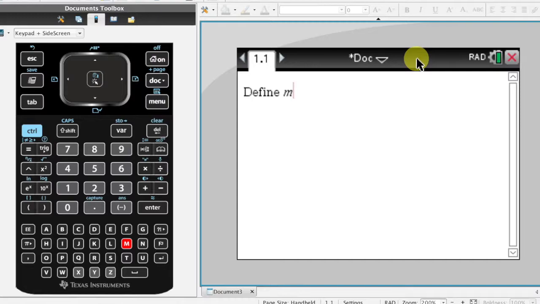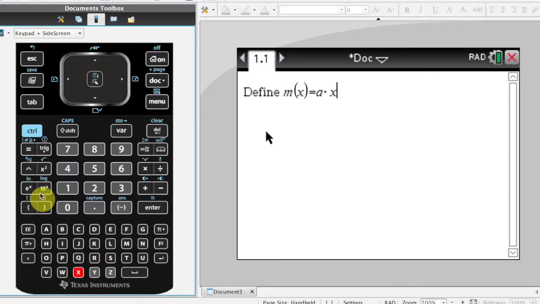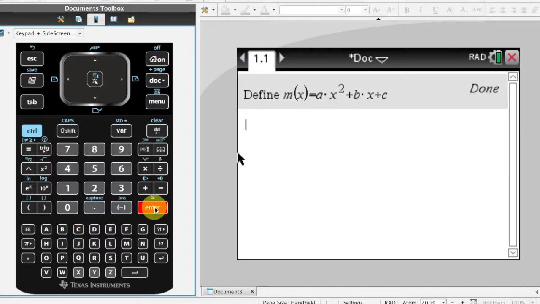I'm going to have m of x equaling a times x squared. You really got to put in that multiplication because otherwise the CAS will just see that as being the variable ax, not an unknown a times the variable x, plus b times x plus c. Hit enter. It's now defined.